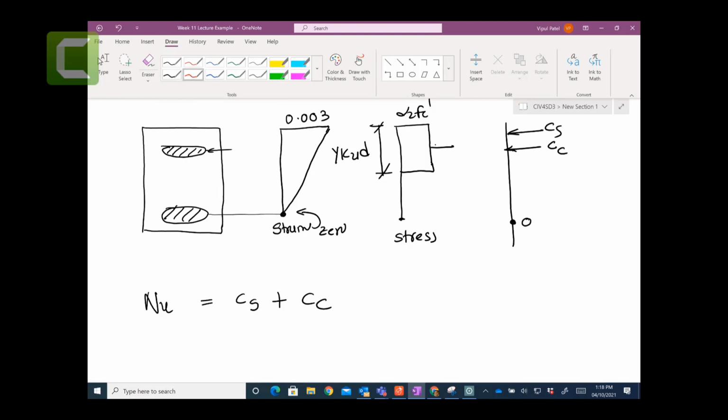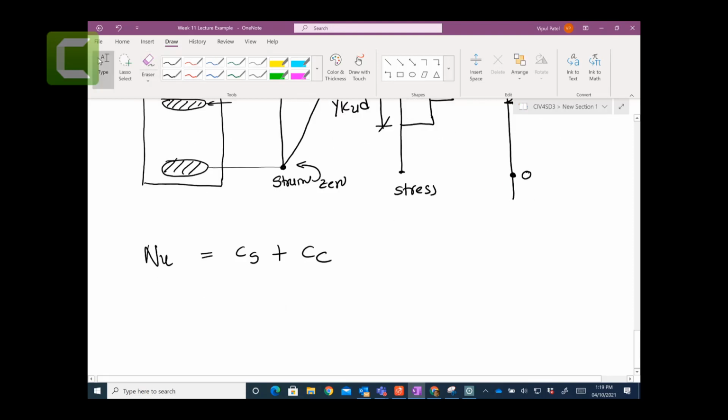NU is like an equilibrium. If you have NU going in this way, this internal force is equal to the external force. All the force is going in this direction, and NU is the force that you need to calculate.